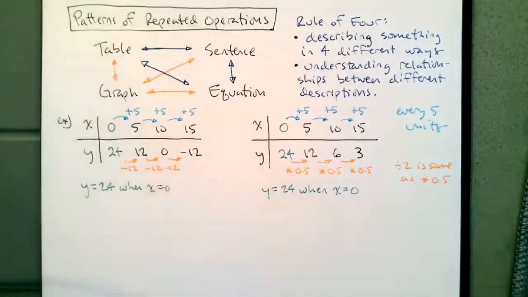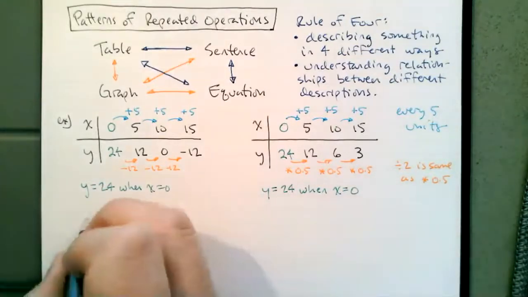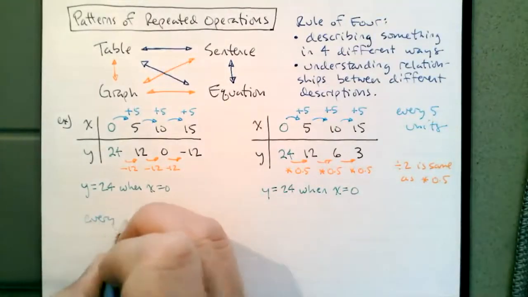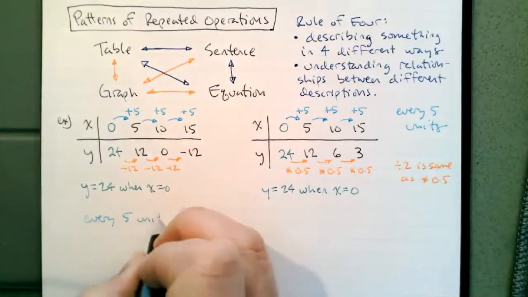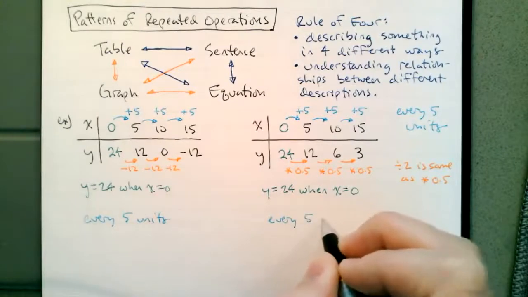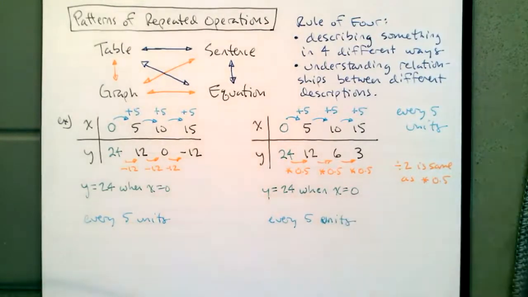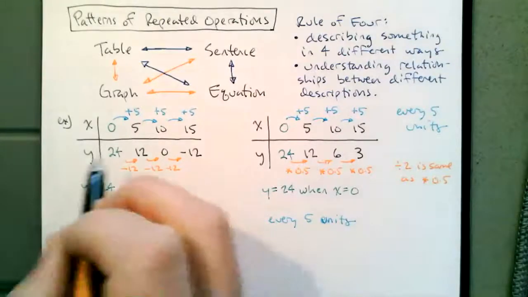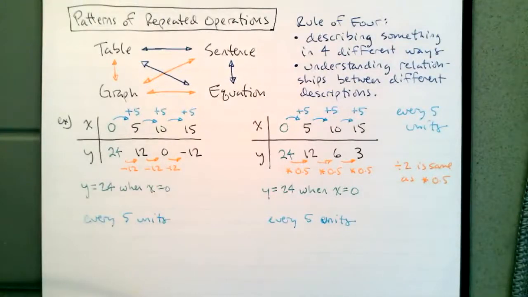So in both cases, something is happening every 5 units. That's a similarity. The step size is 5 units. But in the left function, we see y is decreasing by 12. That's how we'll say negative 12 in a sentence.